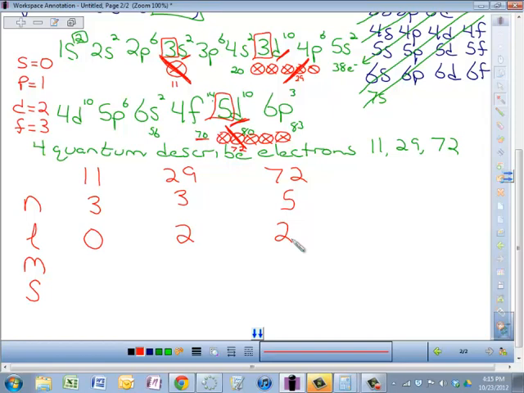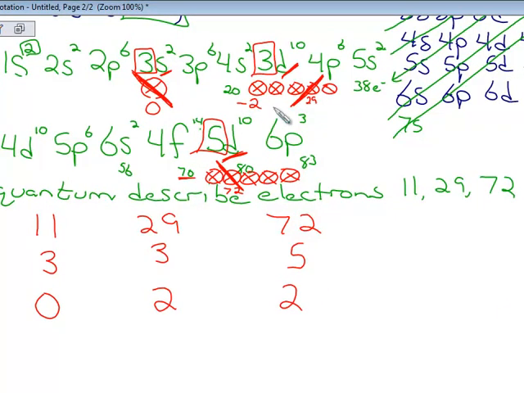Now, with m, we said m was the negative l to positive l. Now, below an s, the value of s was 0. Well, there really is no negative or positive 0. We said the value was 2, so we're going negative 2 to positive 2, so negative 2, negative 1, 0, positive 1, and positive 2.